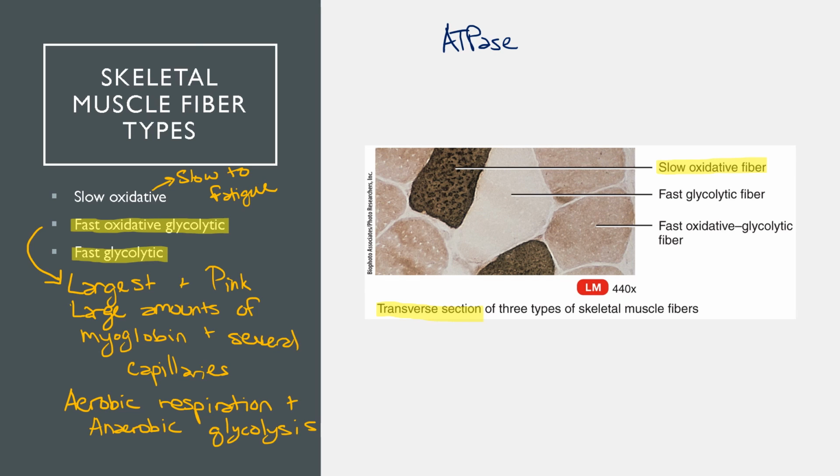Now they're considered fast because the ATPase in their myosin heads hydrolyzes ATP about 3 to 5 times faster than in the slow oxidative fibers. So it's a bit of a quicker ATPase action. We'll just put then the SO, slow oxidative fibers.